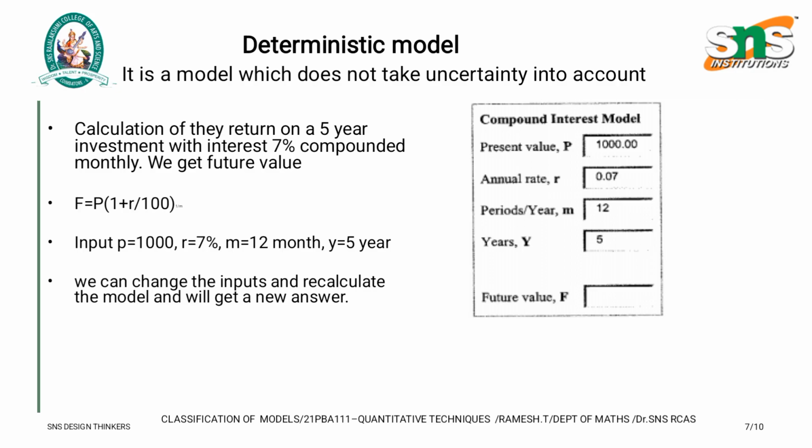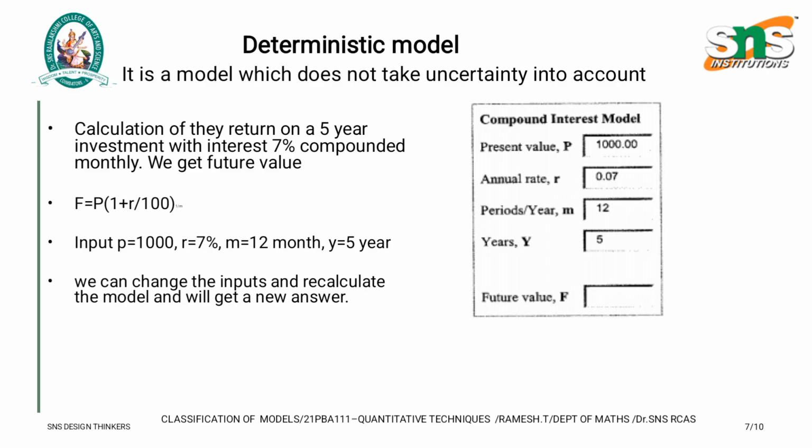here the present value, the rate of interest and the duration, everything is given. We call the compound interest C.I. So we apply the formula principal P into 1 plus r by 100, the whole power n. Suppose the principal value is 1000, the rate of interest is 7%, and the duration is 12 months, and we convert it to a year.